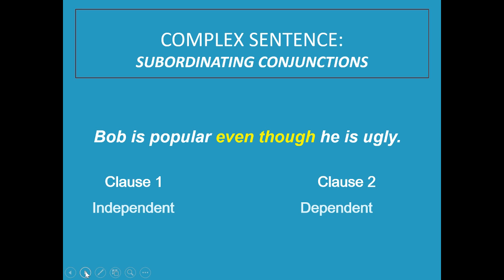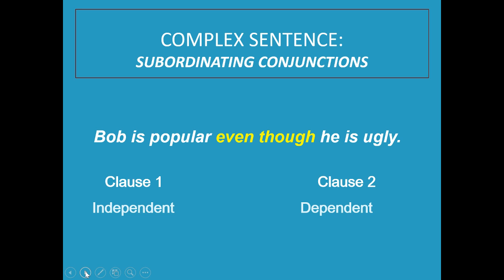Now here, since a comma is not used, right? When we say "he is ugly" alone, we understand that it can be a dependent clause, but here, because a comma is not used, we will have to take "Bob is popular" as the first clause, and then the second clause will be taken with the subordinating conjunction.